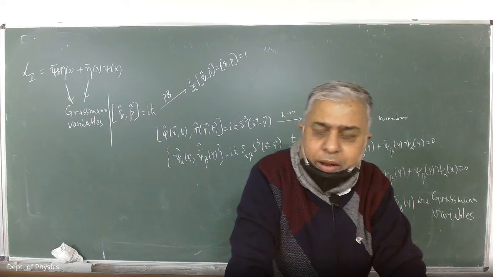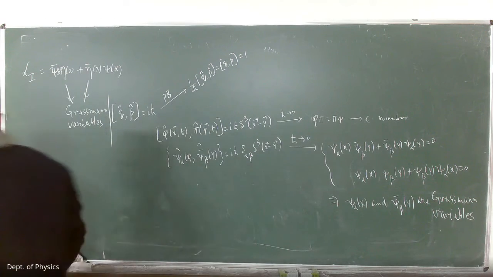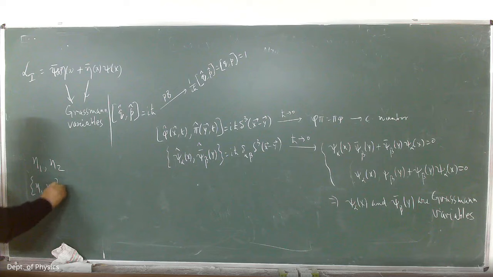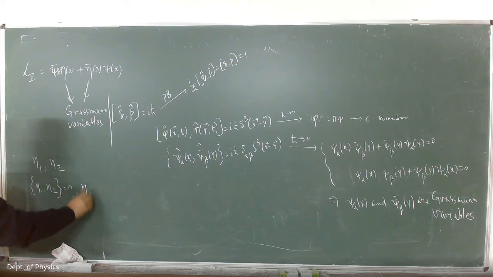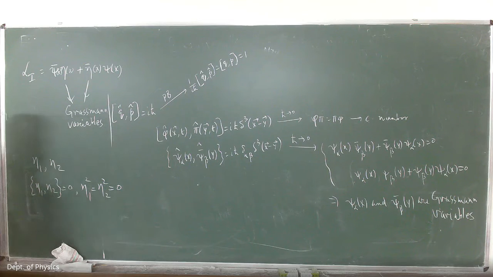In general, if you have Grassmann variables, say eta 1 and eta 2, they will satisfy: the anti-commutation relation of eta 1 and eta 2 is 0, and eta 1 squared equals eta 2 squared equals 0. This is for two Grassmann variables.